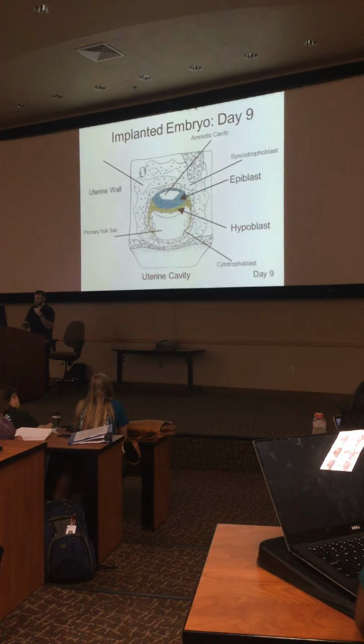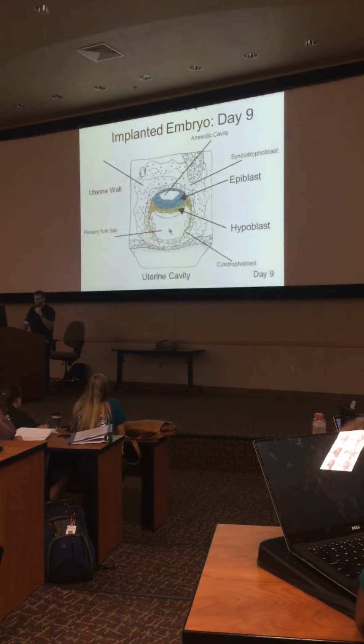And I'll show you when we get to the twins part why it makes so much sense. But the amniotic cavity forms inside of the epiblast. So it forms essentially inside of the embryo. Okay? So remember that. Amniotic cavity inside embryo. And then the hypoblast, this bottom layer of cells that's extraembryonic, right, will start to migrate down this way, right?